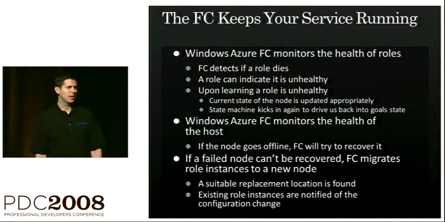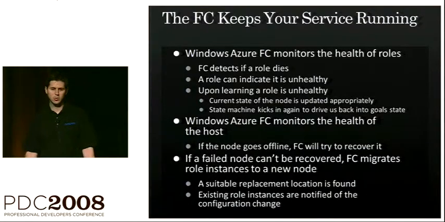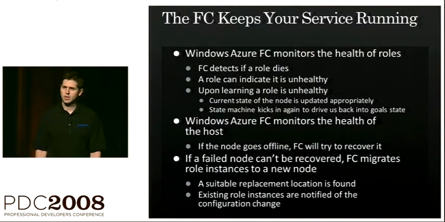Once your service is up and running, the Fabric controller also aims to keep it running. So like I said before, in a service of this size, bad things can and do happen, right? So for example, a role can die. It just crashes, takes an exception, and dies, right? A role could also tell us it's unhealthy for some reason.